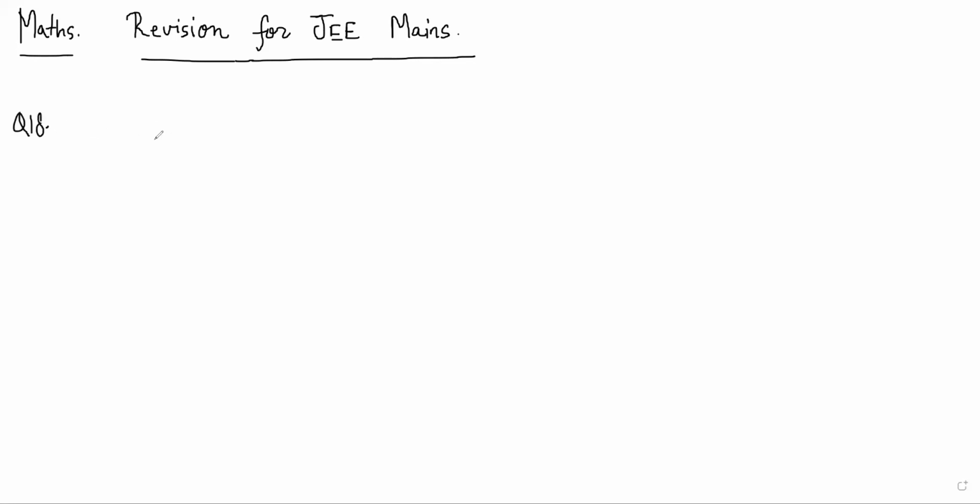Question 18. It says let P (4, -4) and Q (9, 6) be 2 points on the parabola y square is equal to 4x.